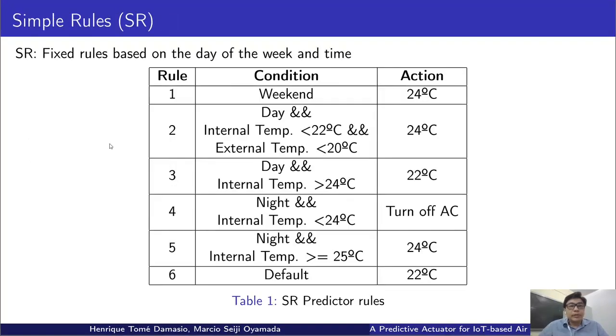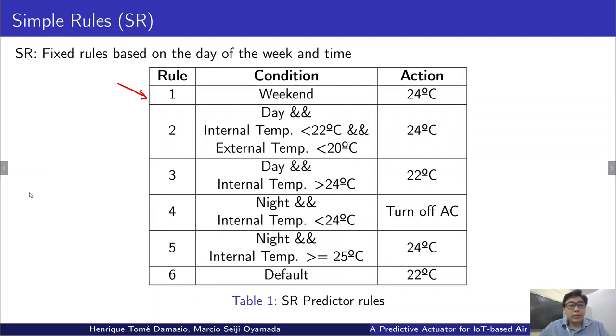This table presents the simple rules actuator. The rule is selected based on the day of the week and the time. For instance, on the weekend, we configure the air conditioner unit to work at 24 degrees because the server load is lower. At night, for instance, we have 2 options.